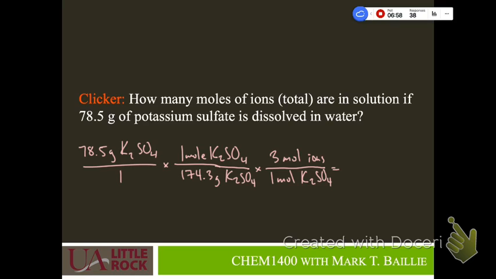So if we look through each one of these steps here, we said, well, how heavy is the potassium sulfate? That doesn't help us figure out how many of them there are. So we use a molar mass to figure out how many moles there are. And then if we know how many moles, we can figure out how many ions because we have a 1-to-3 ratio. So our final answer is in units of moles of ions.